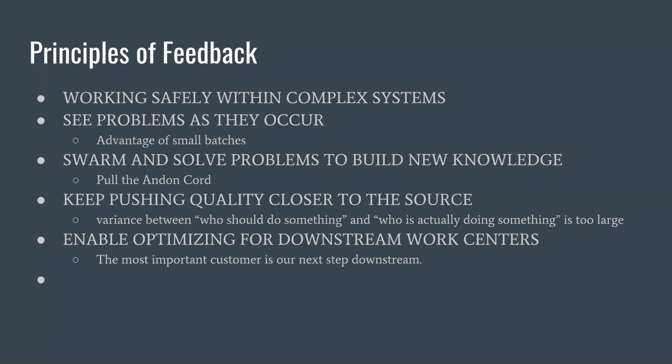In large bureaucratic institutions, the variance between who should do something and who should actually do something is too large. That comes to mind with the problem that they had in the U.S. government's Human Resources Division, when they had a huge hack and they stole a lot of employee data.